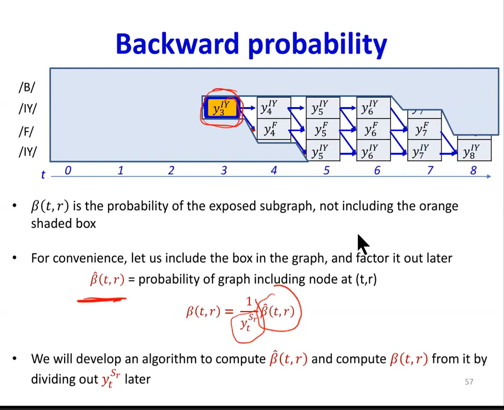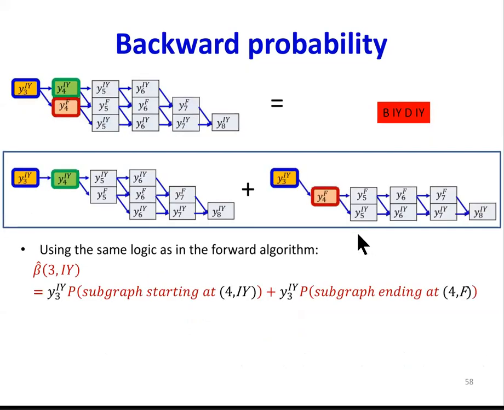So now, how can I compute the beta hat? This is just like your forward algorithm, right? The total probability of all paths from here to here is going to be, this node has only 2 children. So every path from this node either has to go through the green node or it has to go through the red node, right?